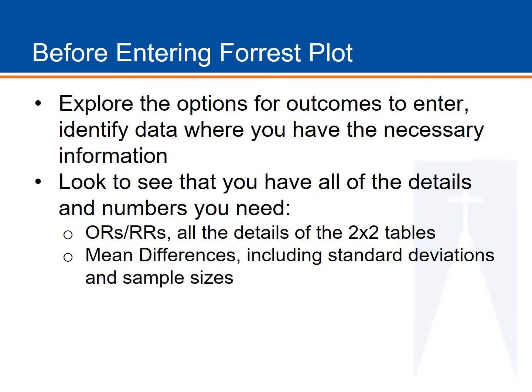And so anything that you need to calculate by hand, odds ratios or risk ratios, you would need all those details, and you would need the sample sizes separately for the exposed and the unexposed groups. If you have information on mean differences, you definitely will need to have the standard deviations, and you'll need to have the sample sizes for your exposed and unexposed, or alternatively your intervention and your control groups.